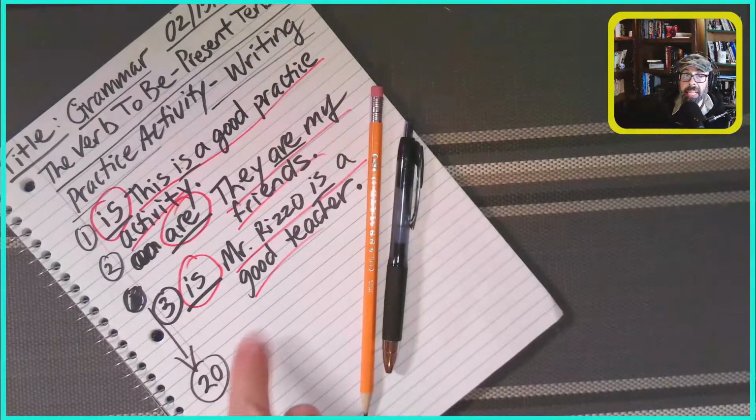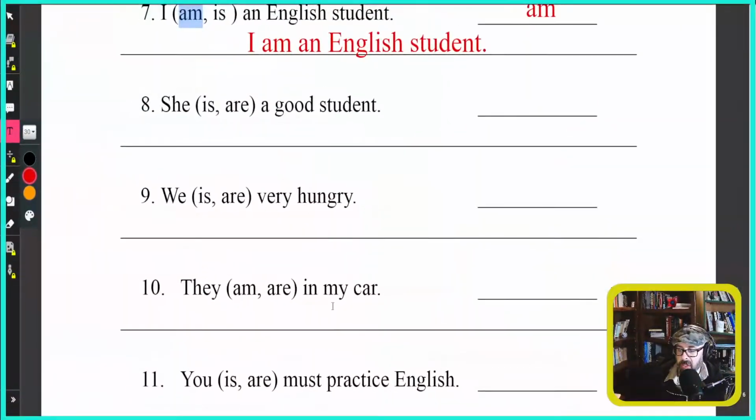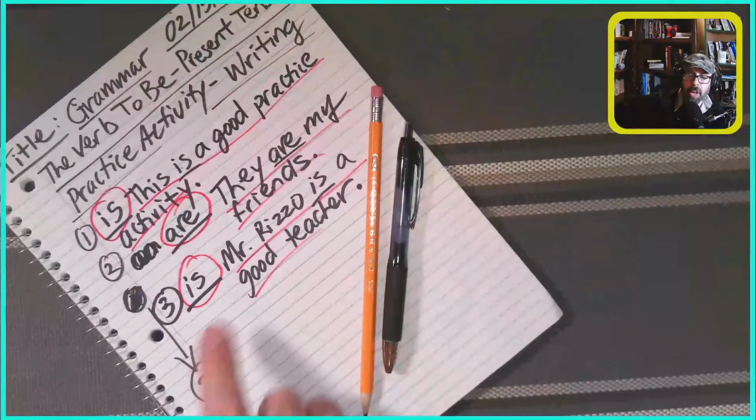Write number 8 in your sheet. She is or she are a good student? Is or are? Write your answer.